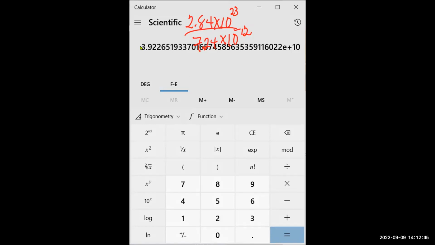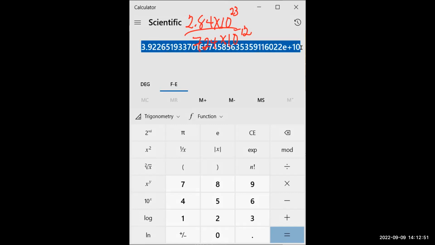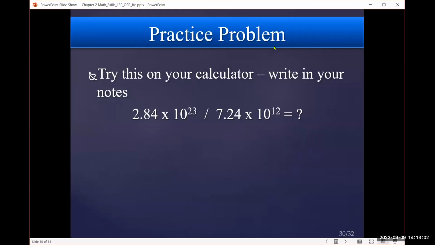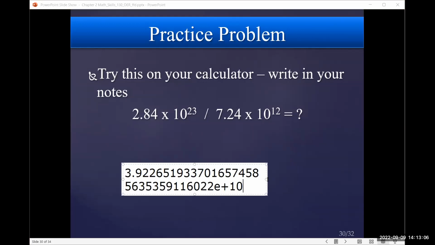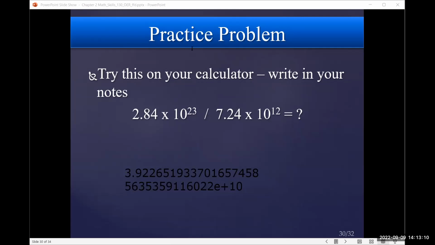So I'm going to take this whole answer. That is what the calculator gave us with respect to the answer.